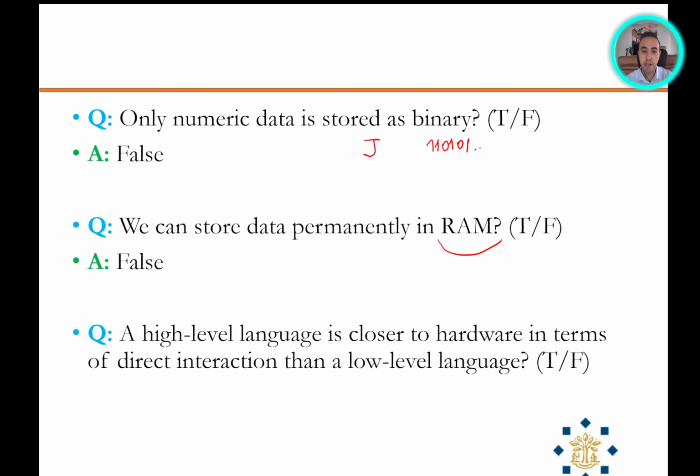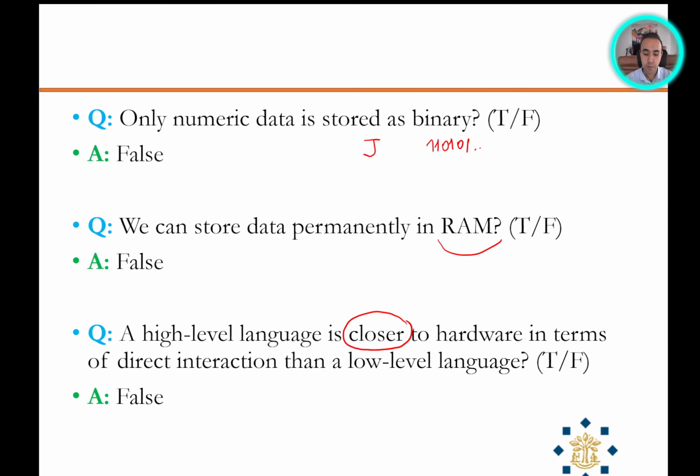Okay. Another question. A high-level language is closer to hardware in terms of direct interaction than a low-level language. True or false? Here the answer is false again, because here it says it is closer to hardware than a low-level language.